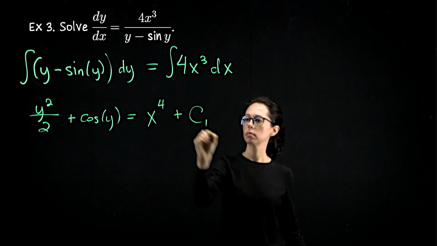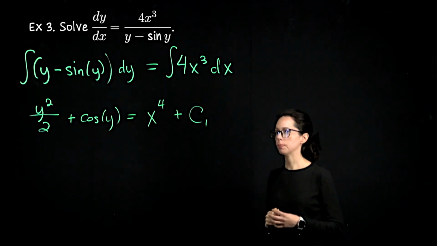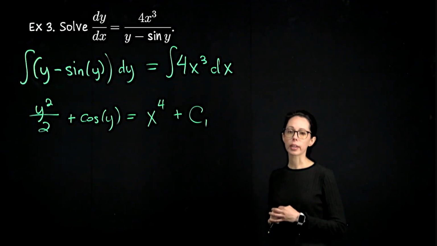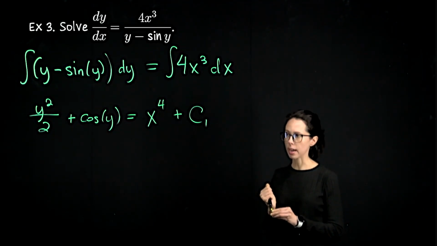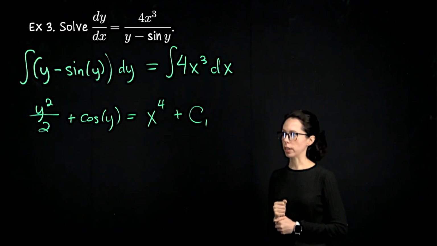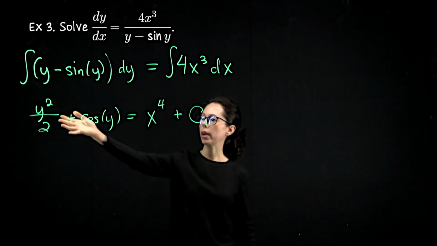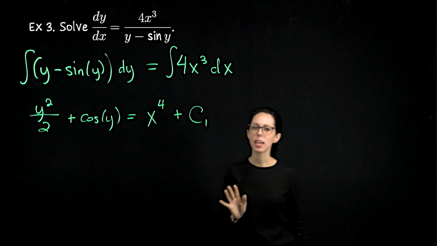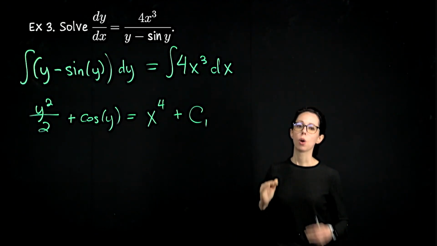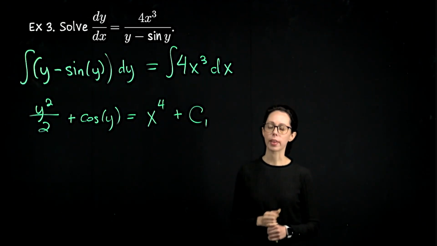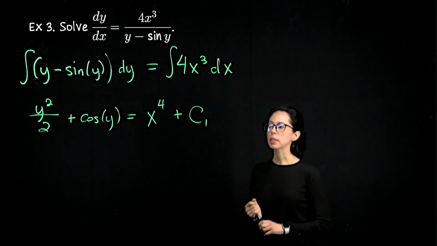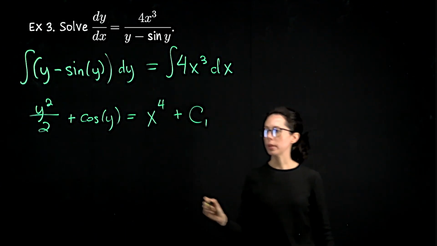First time we see that constant. And you know what? This is all that we're going to do because we cannot isolate y in this equation. I've got y squared, I've got cosine of y. I cannot find an explicit solution y equals stuff with x on the right-hand side. So there's no explicit way to solve for y here. This is going to be an implicit solution.